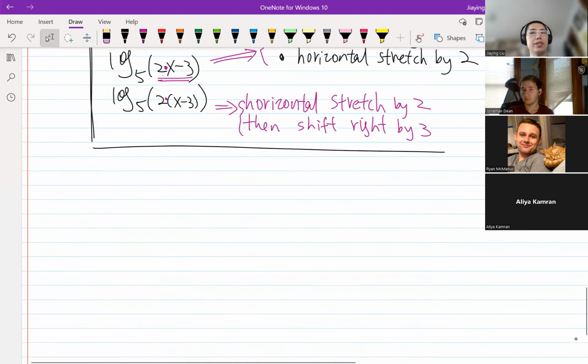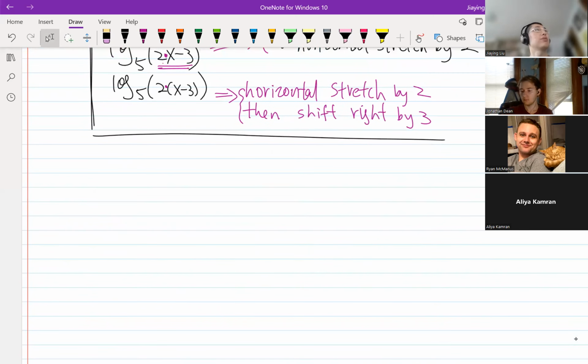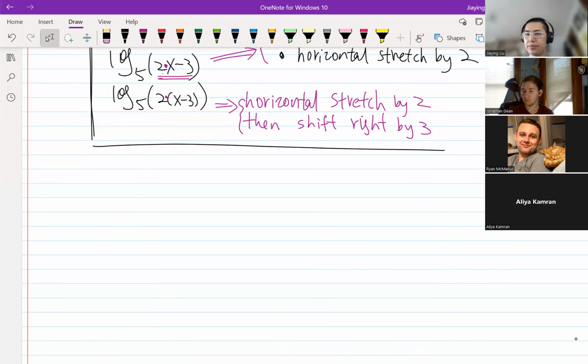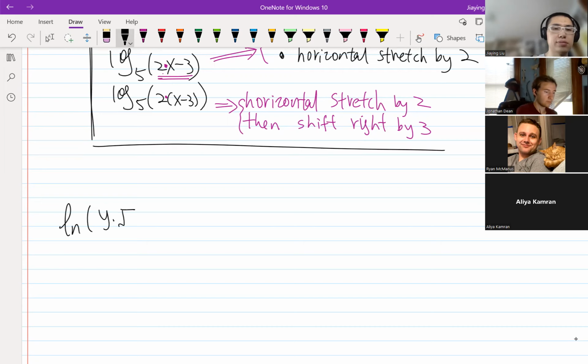All right, Ryan, let's go through some questions from the homework. Which one do you have on your mind? Yeah, the one I'm looking at right now is natural log of y times the square root of y over 4 minus y.